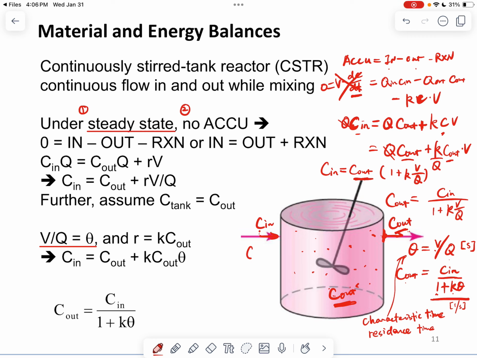Because if you have a certain flow going through this volume here, then the average residence time is just going to be the volume divided by the flow rate, right? The average residence time of the water or of the solution going through the system is just volume divided by the flow rate. So that's why we also call theta the characteristic time or the residence time.